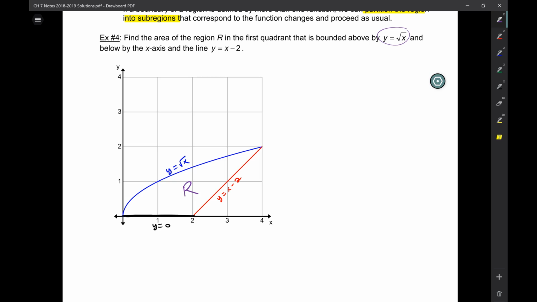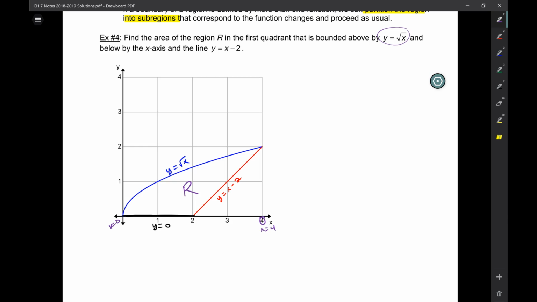This whole thing starts at x equals 0, and it goes up to x equals 4. Throughout this interval, the upper function is always y equals root x.